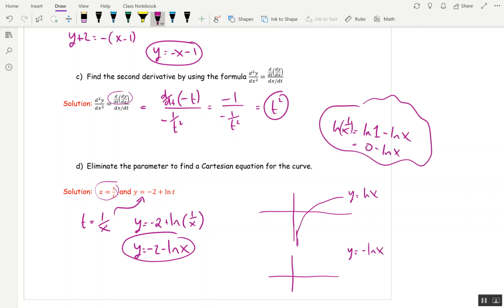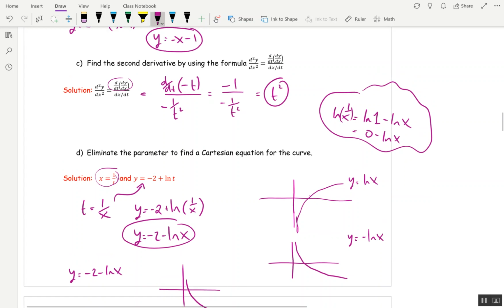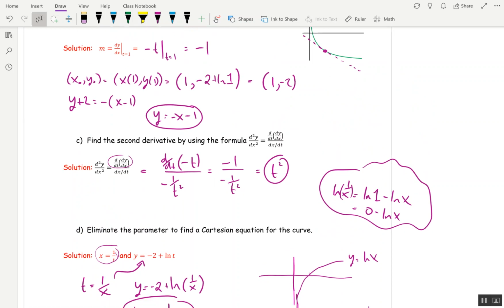That's a reflection of this curve about the x-axis. So it looks like that. And then finally, y equals negative 2 minus ln x takes this graph and moves it down 2 units. And so we get the green curve that you see up there.